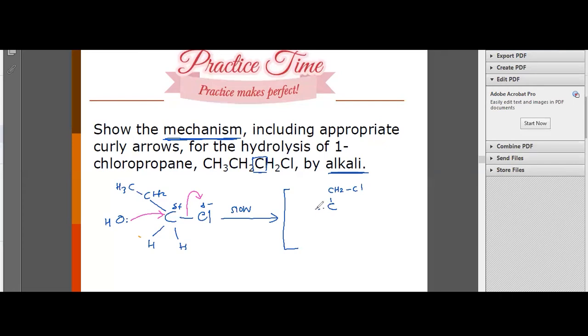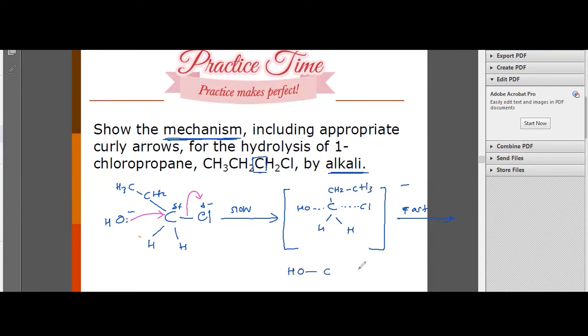Pentavalent carbon is when the incoming group and the leaving group are attached to the same carbon. It has a negative charge since OH minus attacks the chloroalkane. And then this is fast, that's when the C-Cl bond breaks to form the product.